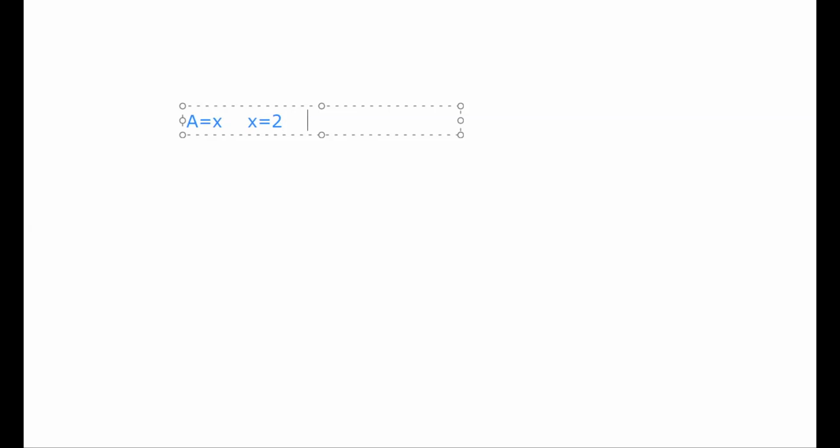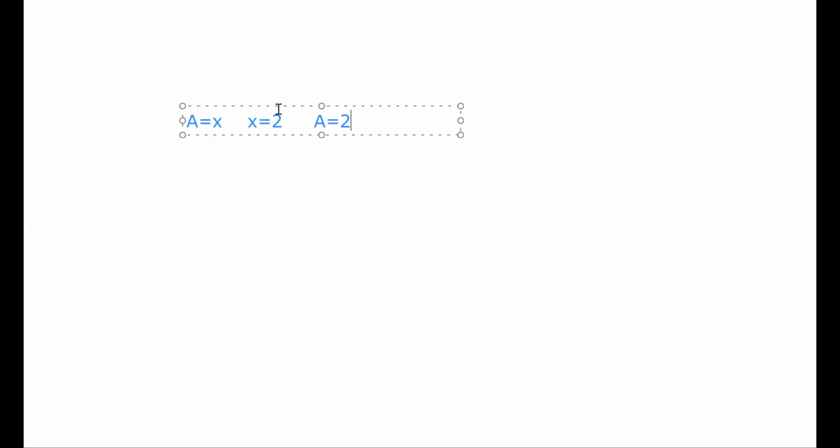So I can say that A is equal to 2. Right or not? I am telling you that A is equal to X and X is equal to 2. So I can write that A is equal to 2 right away.